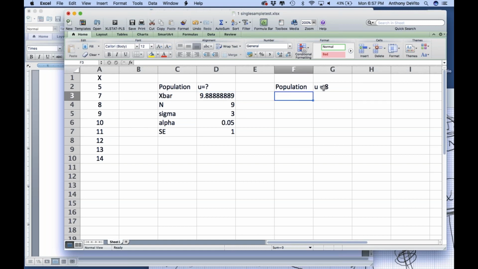Okay, so population mean is 8 for the population we're comparing it to, but the mean of the sample that we took from the unknown population is 9.88. So we could actually calculate a confidence interval for that mean, right? And we could see if that confidence interval includes the value 8, to see if it's within that 95% confidence interval for what we think the true mean is for the first population. But there's another way we can do this too.